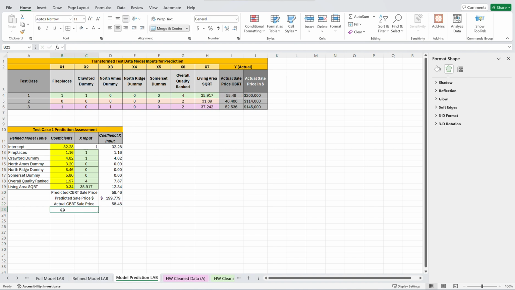Then for the actual sale price in dollars, you can grab that value from here, or you can also take this value and raise it to the power of 3, so cube it, to get it back into that original value.